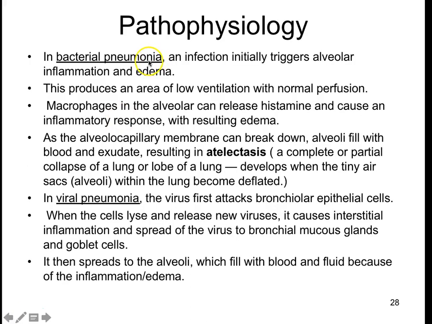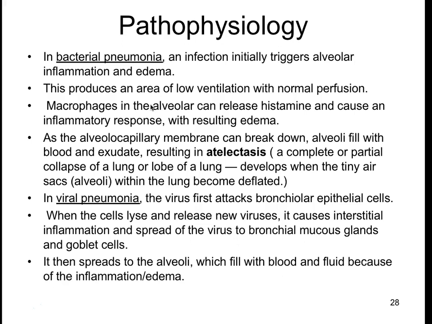Okay, so bacterial pneumonia, the initial infection is in the alveolar sac. And the macrophages in the alveolar sac become involved when the bacterial pathogen enters the alveolar sac. And of course, what it wants to do is to phagocytize it and remove it.